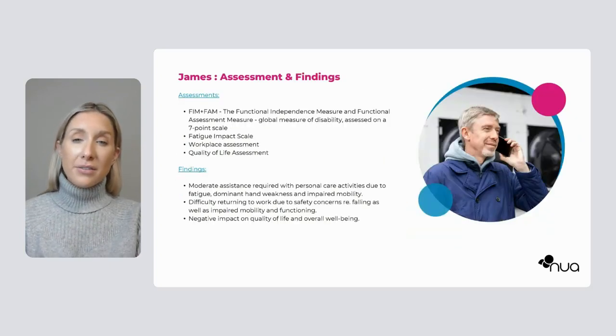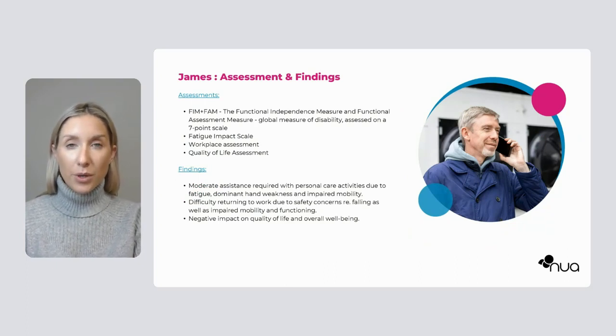In terms of assessments and findings, the Functional Independence Measure and the Functional Assessment Measure were carried out with James. This is a global measure of disability and it is measured on a 7-point scale. A fatigue impact scale was also undertaken, as well as a workplace assessment and a quality of life measure.